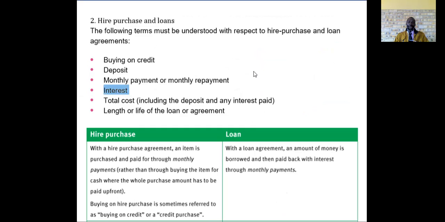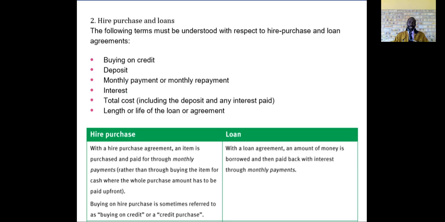Then this thing called the interest, well, the interest is the amount of money which is charged on a loan which is given to someone. So you have taken some money in terms of a loan, obviously you will pay more when it's time for returning. That excess is called the interest. The monthly payment or monthly repayment is very much like what we have been talking about. So you want this TV and you have got it, okay?